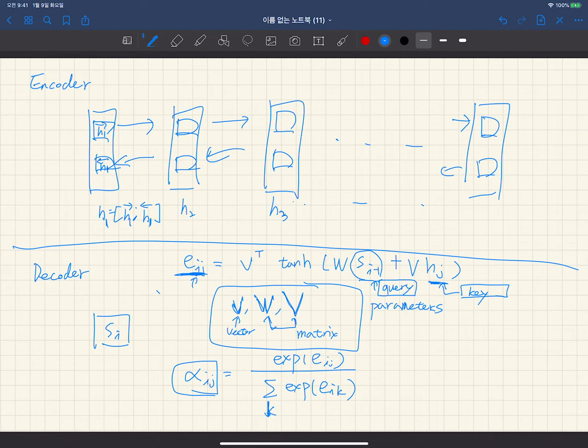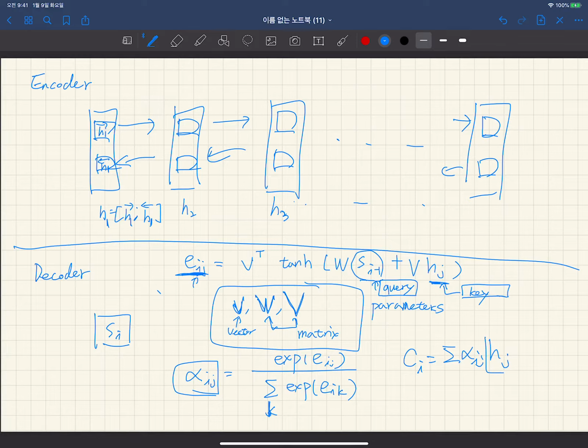And using this, we compute the cumulative information, a kind of fully connected operation. So this is a very simple attention mechanism where Hj is both key and value at input position j.